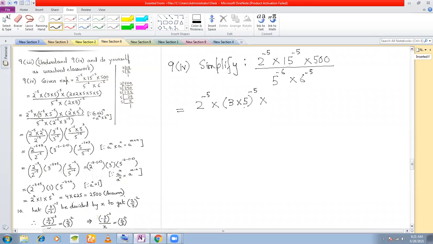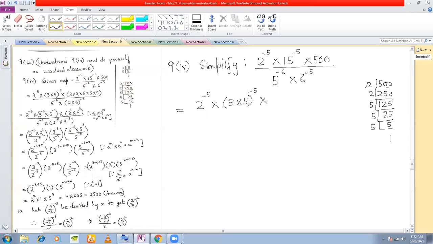Into, now 500 can be prime factorized as, let's see, 500 in the rough I will prime factorize this. 2, now you have 250. Here you have 125. Now this can be 5, 5, and then you have 5.